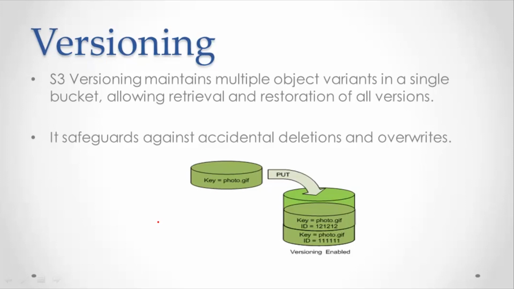You can use versioning to preserve, retrieve, and restore every version of every object stored in your Amazon S3 bucket. With versioning, you can easily recover from both unintended user actions and application failures.